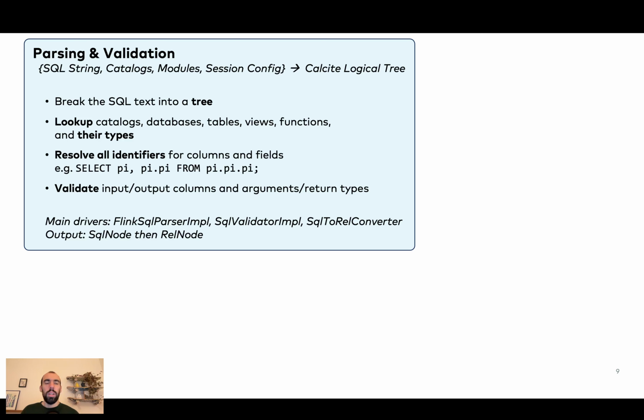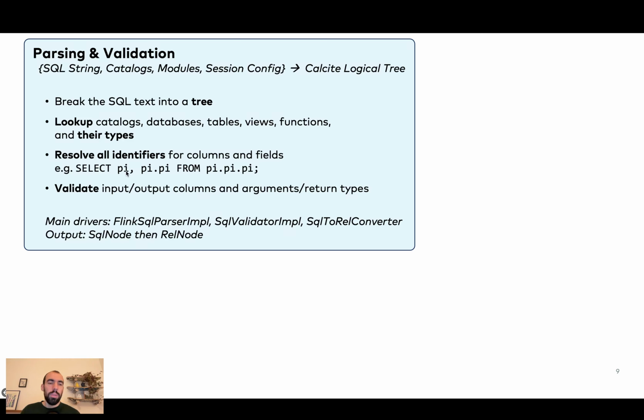The parser and validator will look up catalogs, databases, tables, views, functions, and all their types, whenever necessary. And the validator is able to resolve all kinds of identifiers for columns, for fields, and also for functions. So this is a typical example that I show quite often.